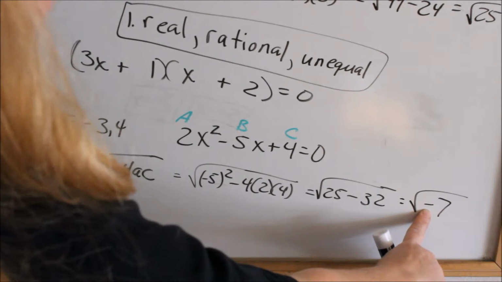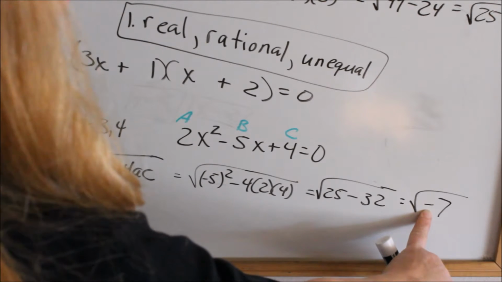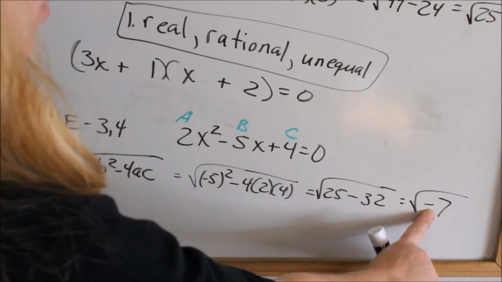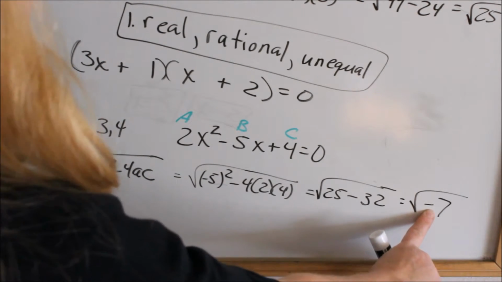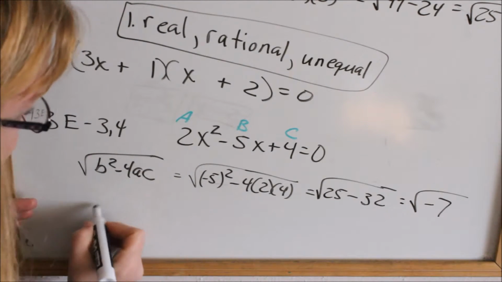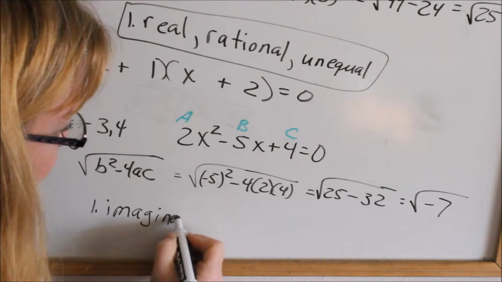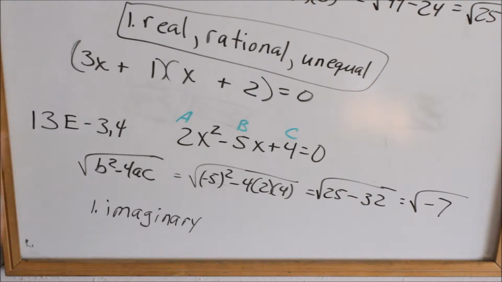Negative under the radical. What does negative under the radical mean? It means an imaginary number. So anytime you get a negative under the radical, you're going to have an imaginary solution. So, tell the nature of your solution: you know you're going to have an imaginary number. And once you have an imaginary number, you can't break it down any further.